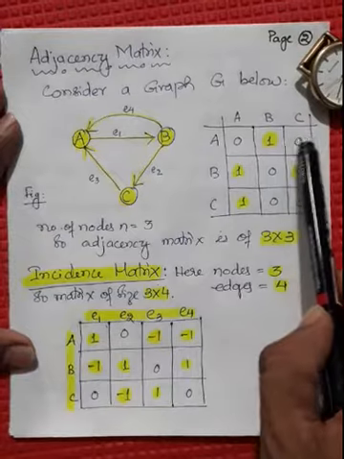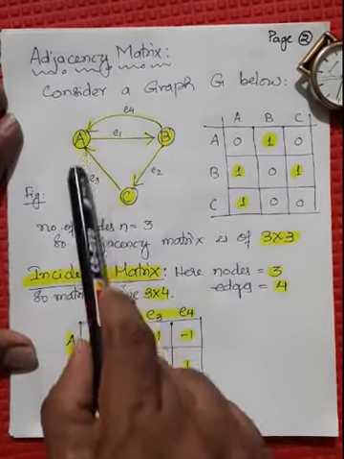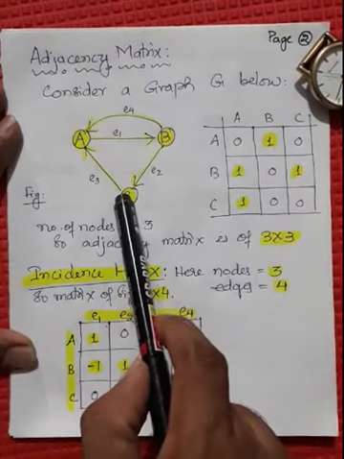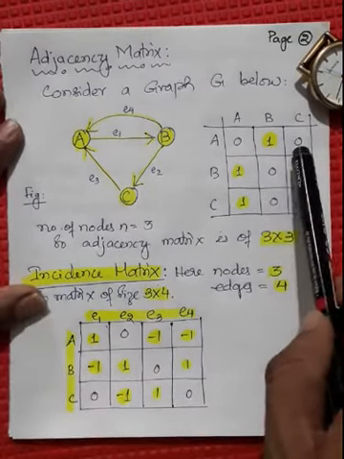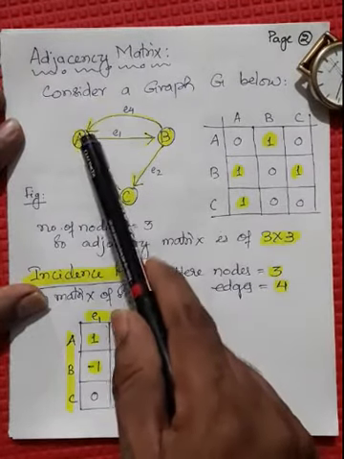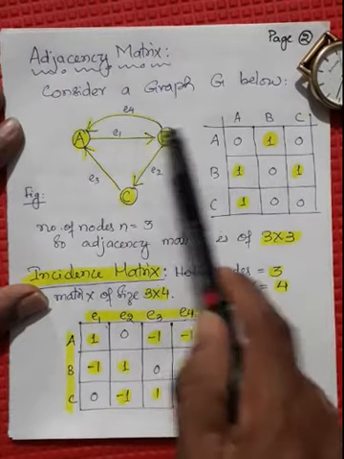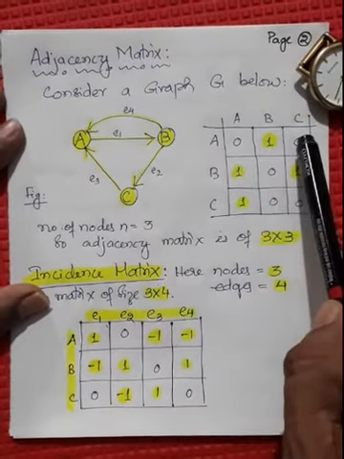A to C is 0, meaning from A to C there is no edge. So from A's point of view, only A to B has an edge, that is 1, others are 0.